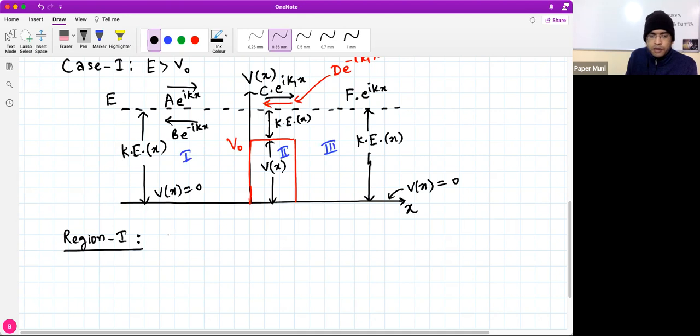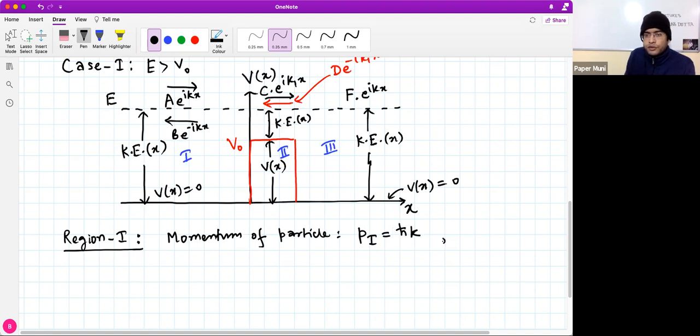Now the momentum of the particle in region 1. So region 1 we are talking about is the momentum of the particle in this case, say p1 equal to h cross k.